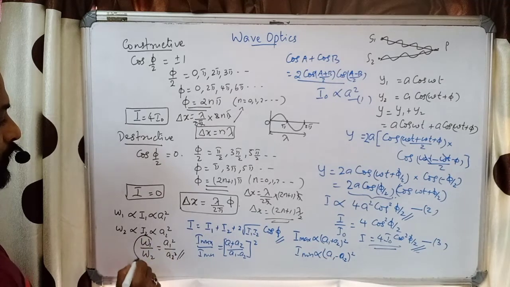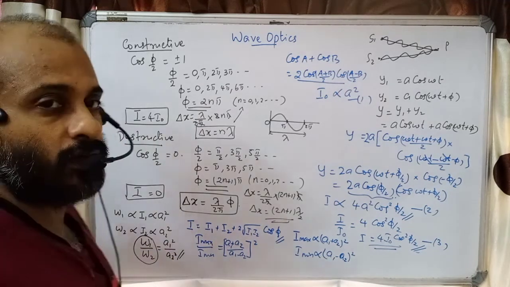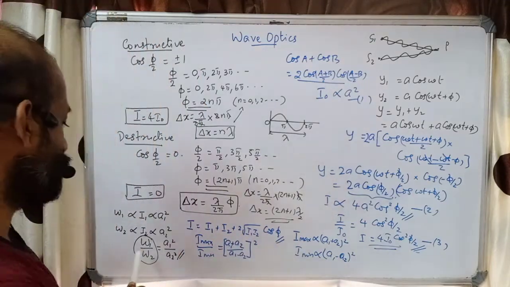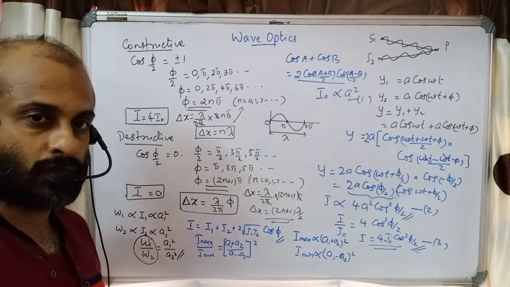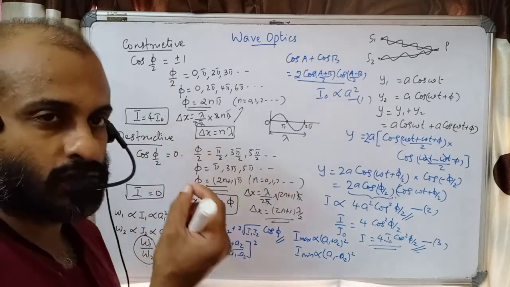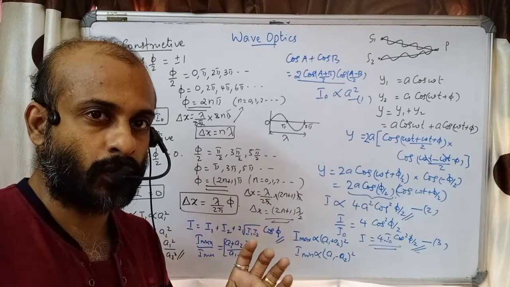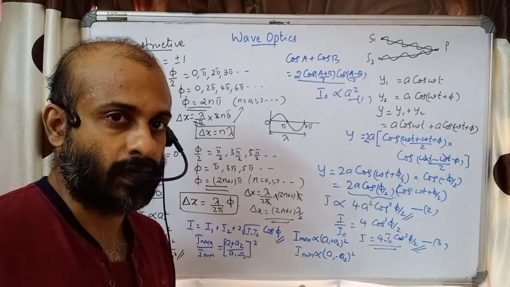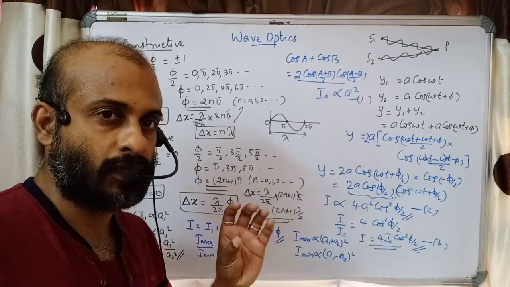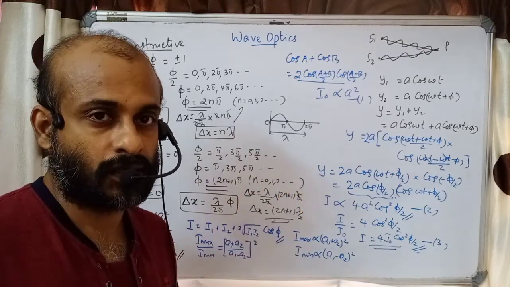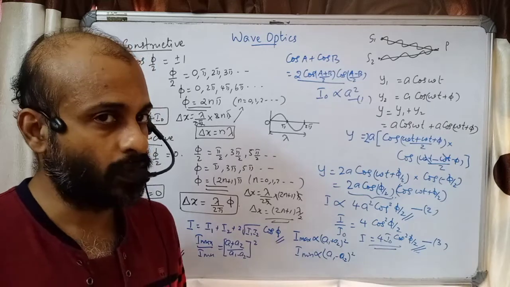So what are W1 and W2? W1 is the width of the slit through which light is emerging, and W2 is the width of the second slit. These two slits can be considered coherent sources because they produce light from the main source of light. From a single source, light propagates and emerges through two narrow slits, which can be considered coherent sources.